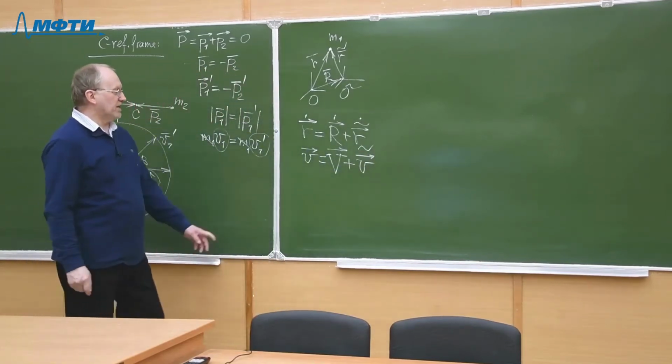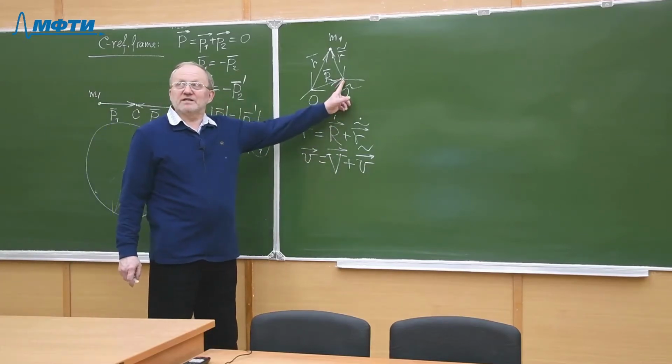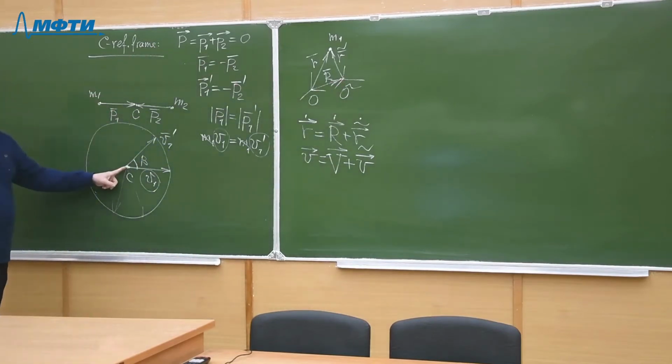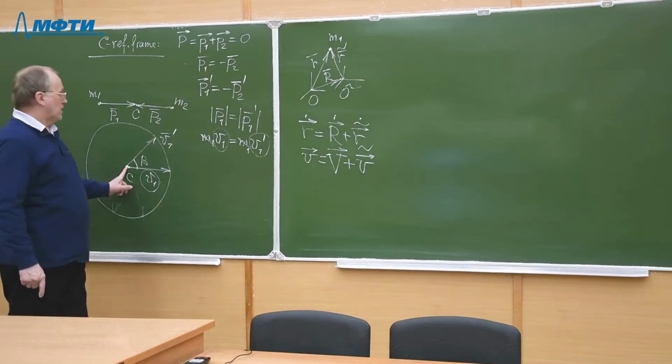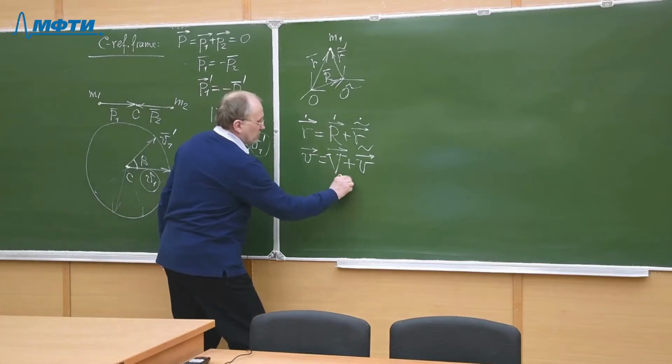So if we have the second reference frame coinciding with the center of mass of the system, let the second reference frame coincide with the center of mass. Then that will be the velocity of the center of mass.